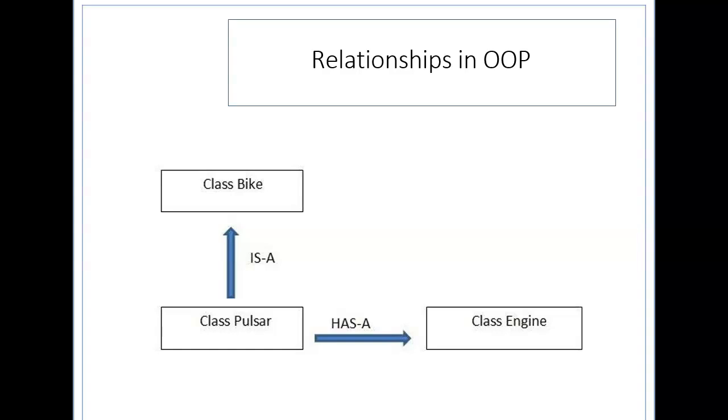That class pulsar is inherited from class bike. In case of class engine, you can write class pulsar has a class engine. It means that is called object composition. How is class pulsar made? It can have many more classes like class engine. So that is called object composition. So class pulsar or pulsar has an engine.